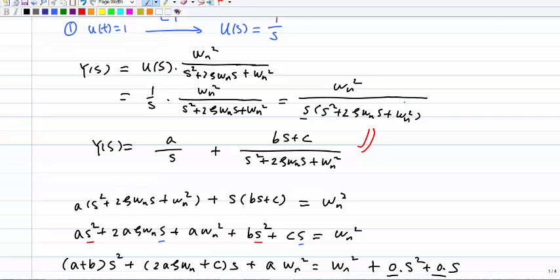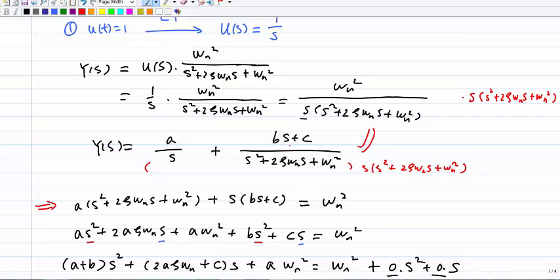Which means I multiply both this form and this form by s squared plus 2 theta wn s plus wn squared, and we do some simplification, which becomes this.